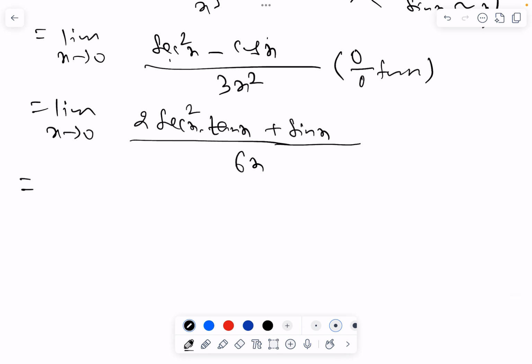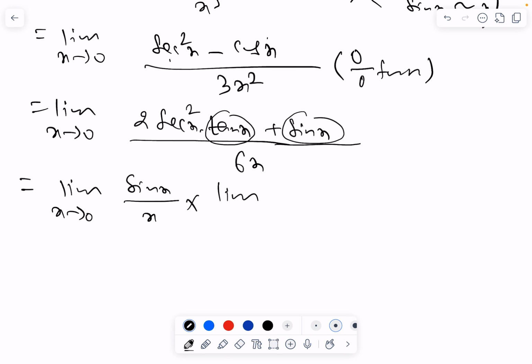Now see, we can write this as limit x tends to 0, sin x by x. So we can take sin x common here and here, into limit x tends to 0 of (2 sec cube x plus 1) divided by 6.